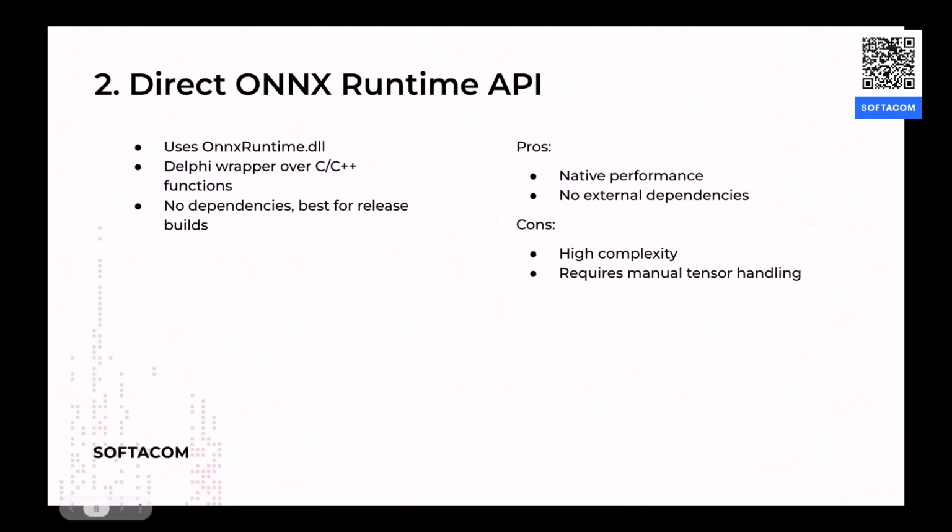You don't need Python to use ONNX Runtime. It's enough to download the appropriate DLL for your platform, Windows, Linux, or macOS, from the official ONNX website. This DLL provides a C API that can be connected to Delphi. The main challenge lies in data preparation. Before recognition, the image must be pre-processed and converted into a tensor.